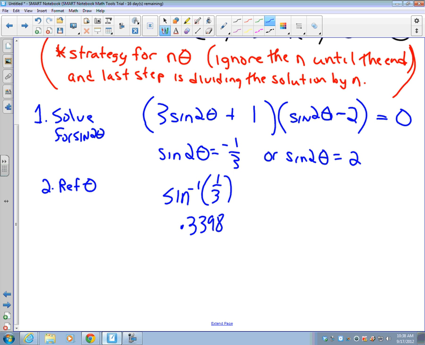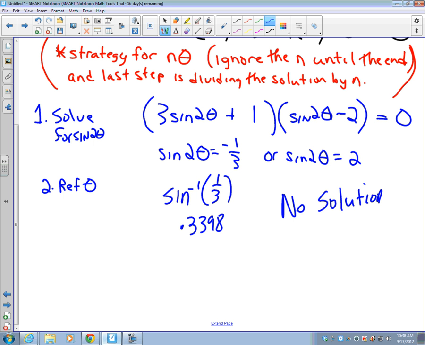The inverse sine of a number over 1. That means the opposite side has to be longer than the hypotenuse. Can that happen? No. No solution. You would get an error on your calculator if you tried it. Right? It's also, if you remember the sine curve always goes between 1 and negative 1. Right? So this is saying, where's the sine curve 2? It never is.